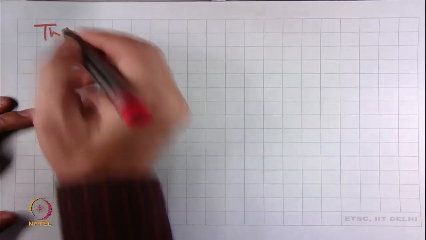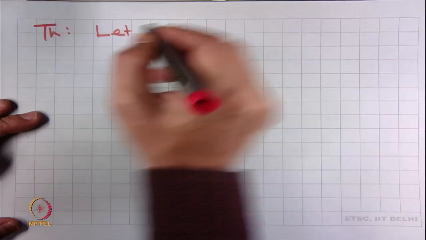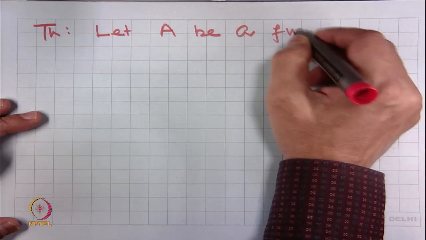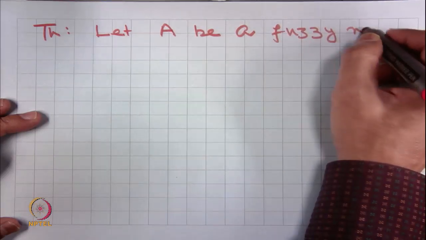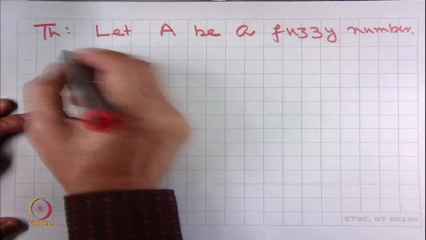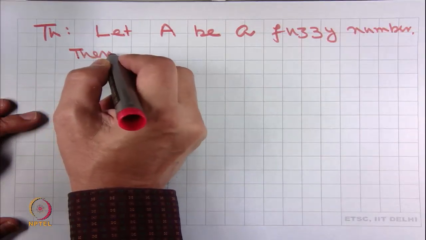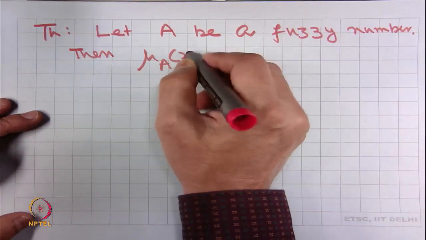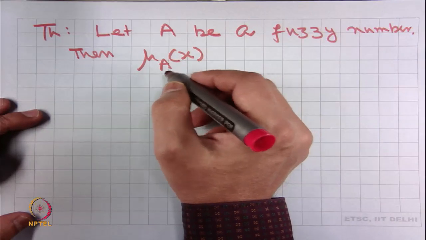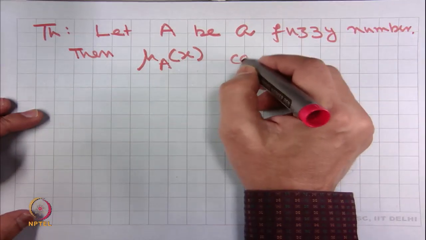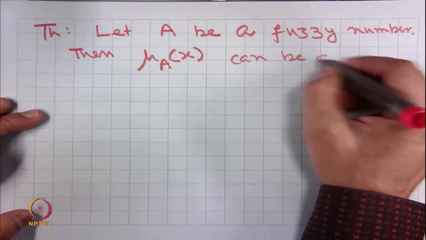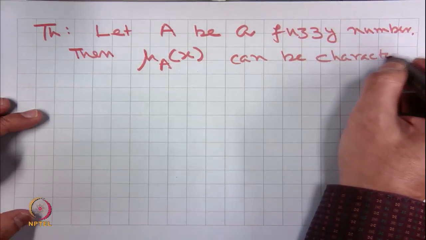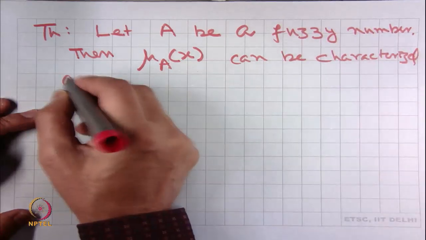So, what is the theorem? Theorem: let A be a fuzzy number, then the membership of x to the set A can be characterized as follows.